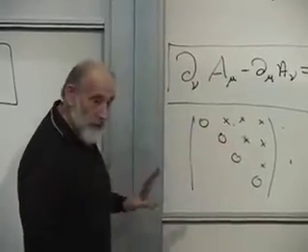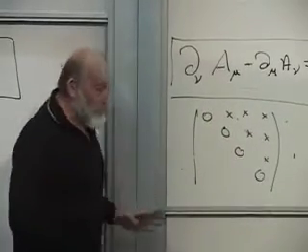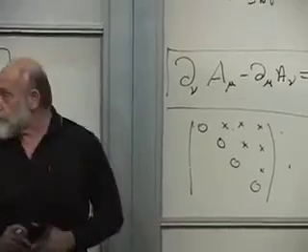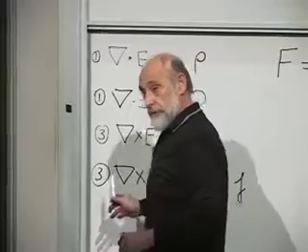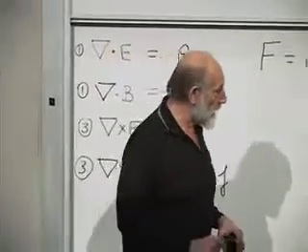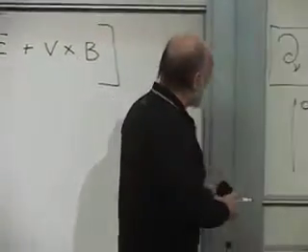So there are 6 independent components, and those 6 independent components are nothing but the electric and magnetic fields, the components of the electric and magnetic fields. Let me write them down for you.